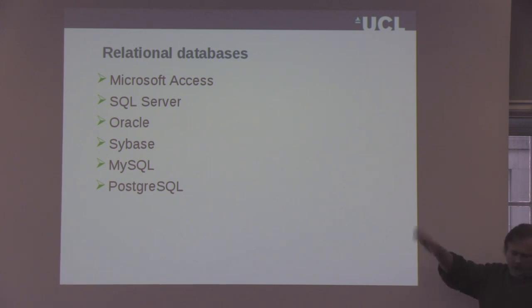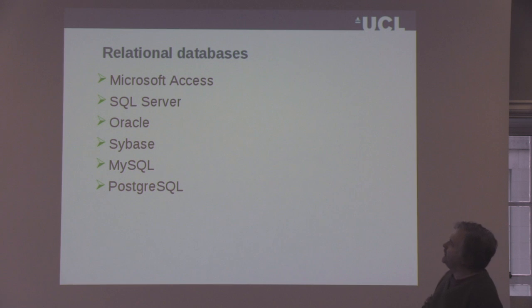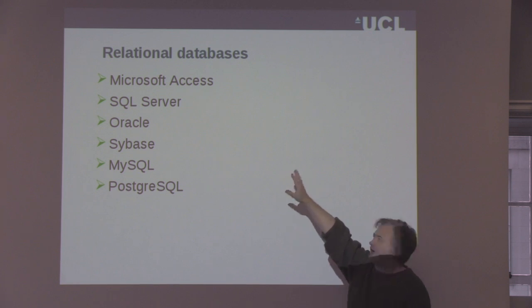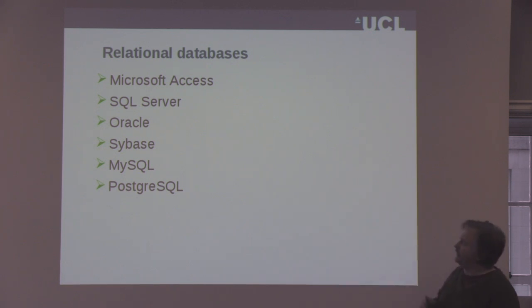And there are lots of different ones of these. Microsoft Access is the one that people are probably most familiar with. It's another part of the Office suite. Microsoft also has a bigger, more professional version called SQL Server, or known as SQL.